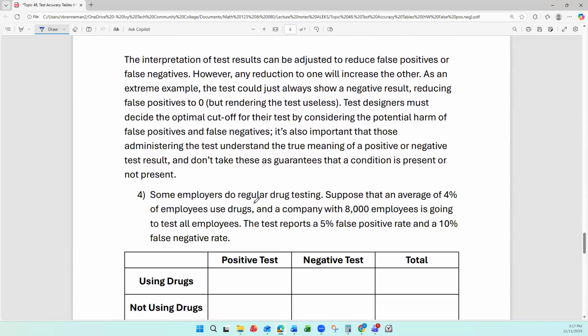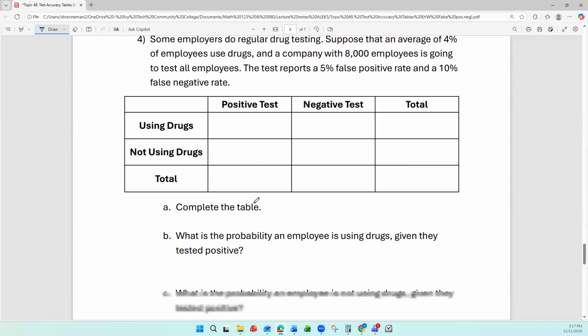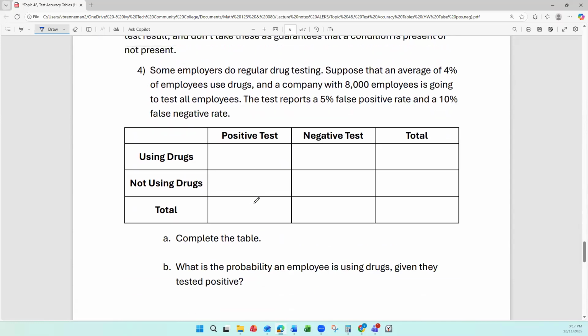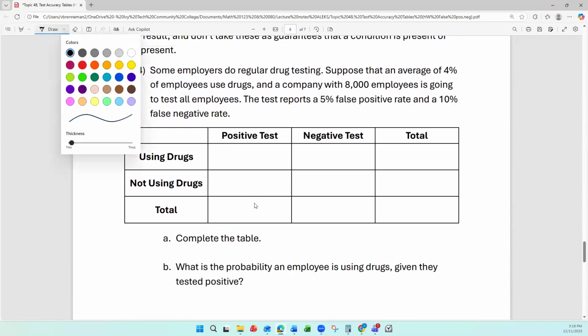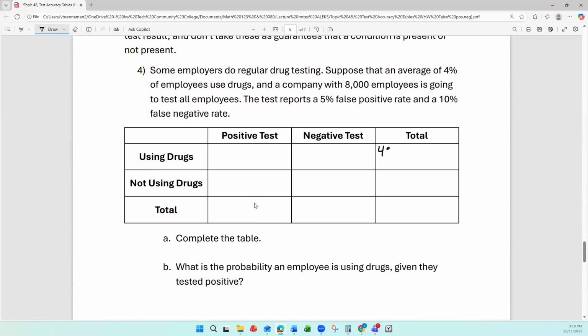Okay, then one more example. This is drug testing. So we have 4% of employees use drugs, and we're looking at a company with 8,000 employees. And there's a test that reports a 5% false positive rate. So again, using drugs positive test, true positive.